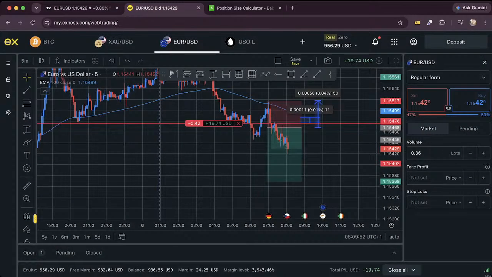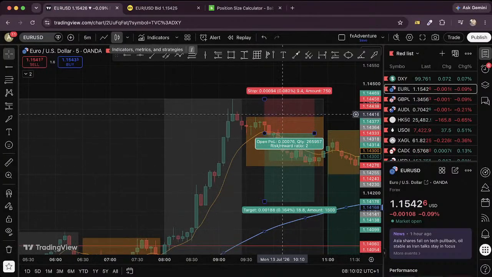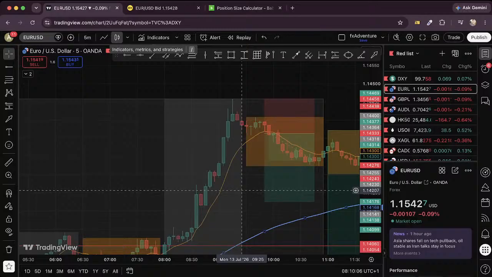So this is a Q4 trade. If I traded this market, I would not jump on it, because I don't trade Q4.